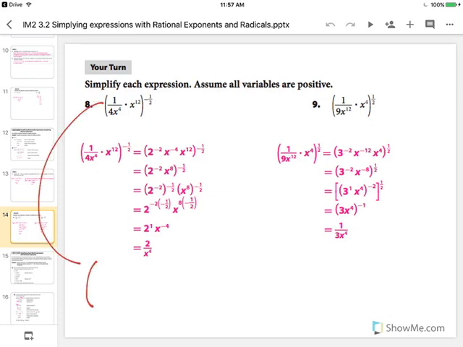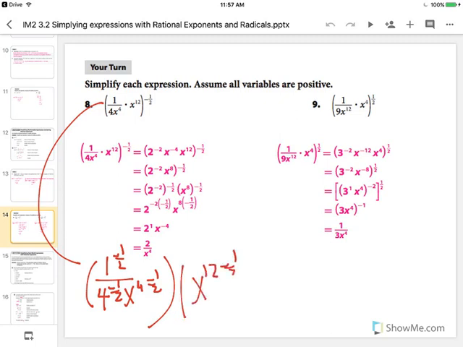So this gives us 1 to the power -1/2 over 4 to the -1/2 times x to the -1/2, and then also times x 12 to the -1/2. So all we did is distribute the 1/2 in.